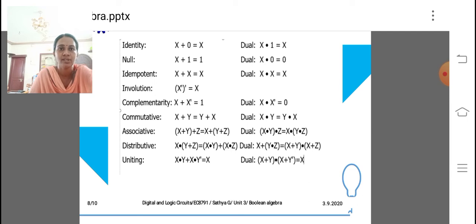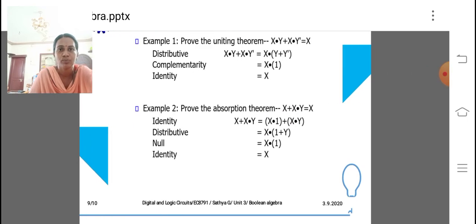Here it is y plus y dash, so it is automatically 1. Any variable multiplied with 1 gives the same variable, so x. So it is proved, isn't it? In our problem, x dot y plus x dot y dash is equal to x. With the help of the distributive, complementary, and identity properties, we have proven this Boolean expression.